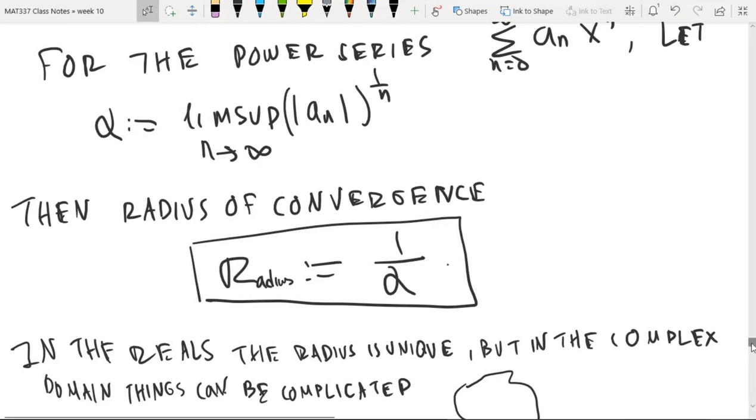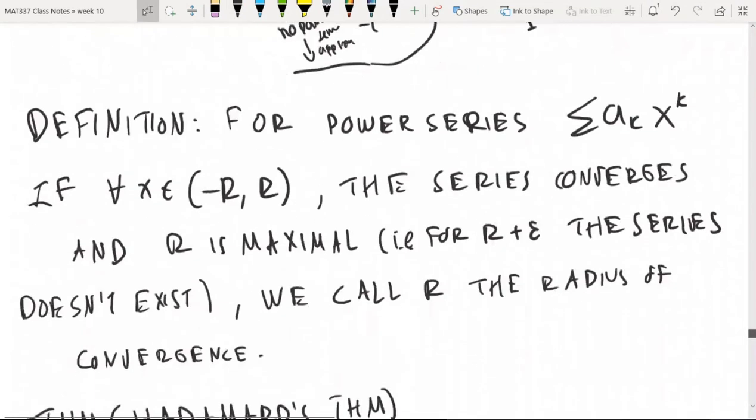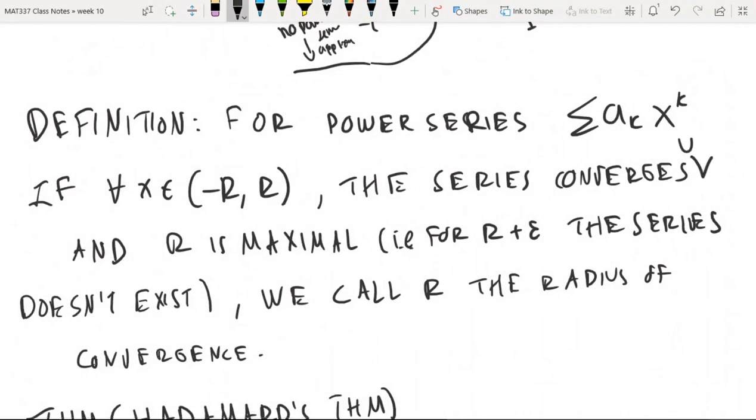I should have made this more clear. Here: the series converges uniformly. I should have added that. So by radius of convergence, we mean the places where the series converges uniformly.